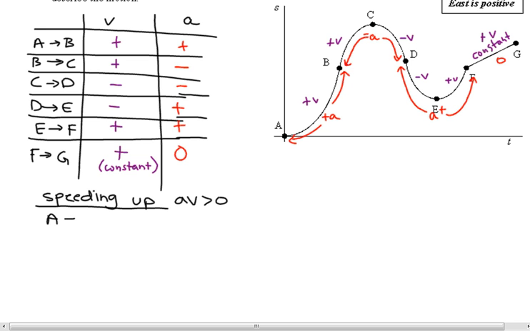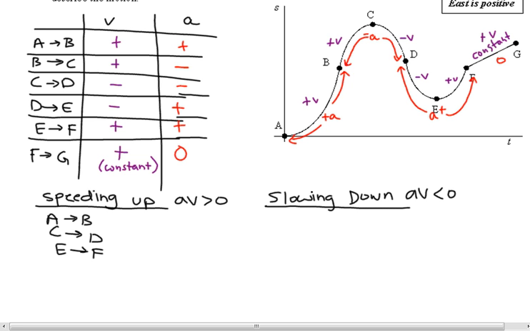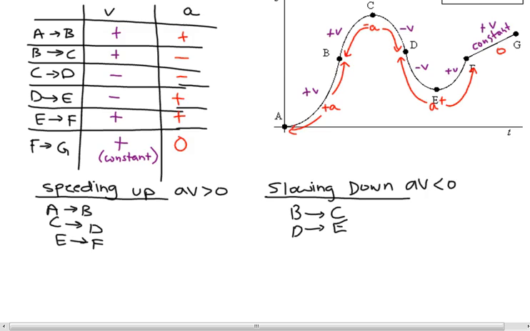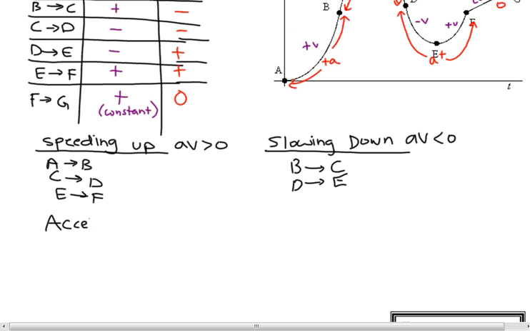A to B, C to D, and E to F. Slowing down: how do we figure out when it's slowing down? When they're opposites, A times B is less than 0. So when is it opposite signs? B to C, D to E. We should also ask, when do we have 0 acceleration? F to G.